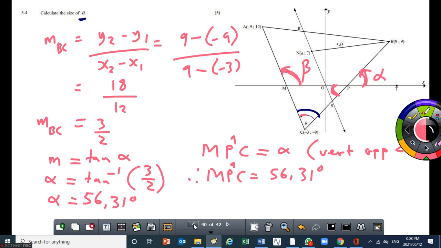You see this angle beta here? It's an exterior angle of a triangle. Therefore, it's equal to this angle here, MPC. MPC is equal to alpha. So beta is going to be equal to MPC plus theta. Or I can say beta is equal to alpha plus what? Theta. The same thing.